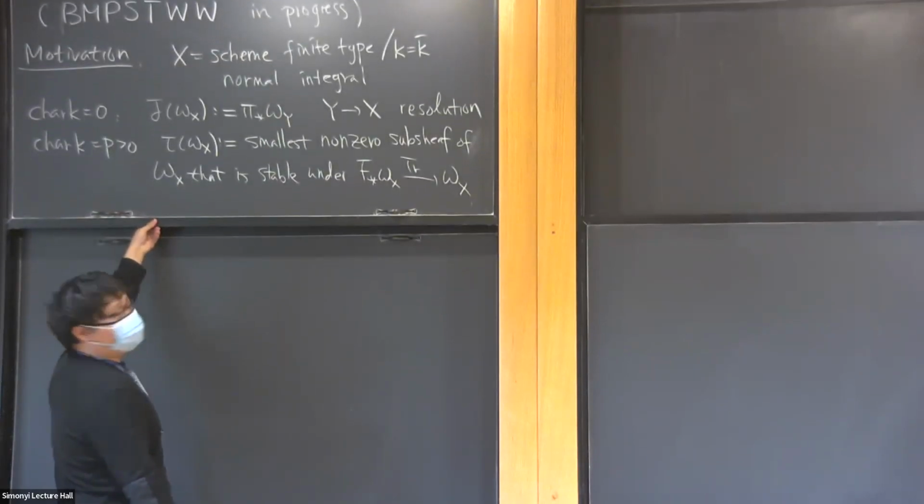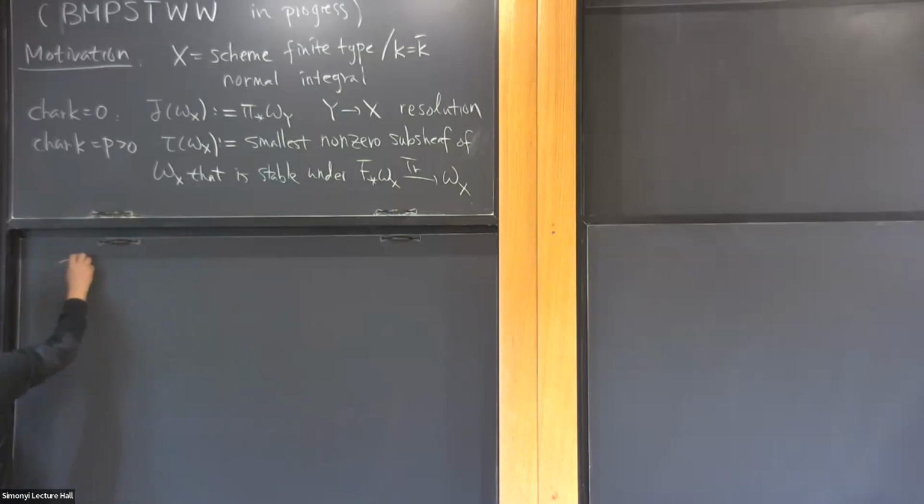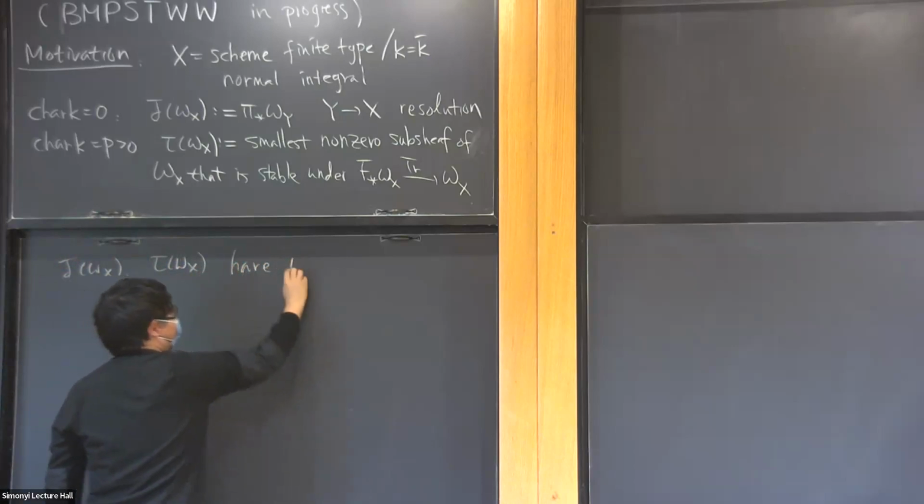Why do we care about these things? First of all, you should think about these as some sort of measure of the singularities of X. J of omega X and tau of omega X have nice properties.